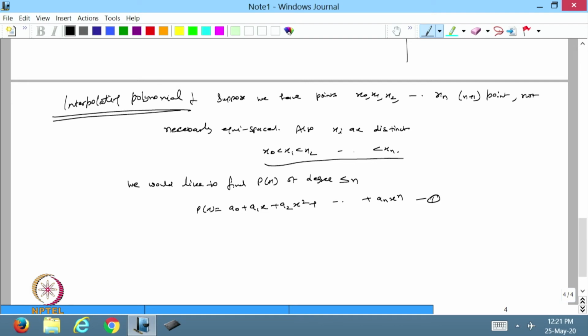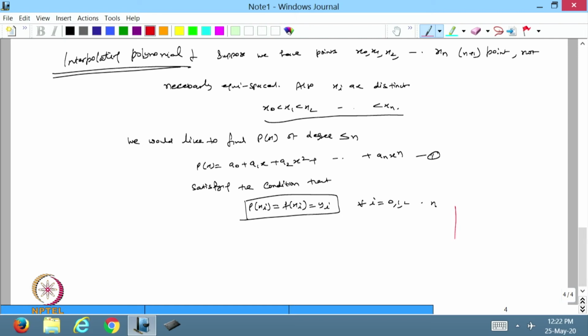This I call equation number 1. It is satisfying the condition that P(xi) is equal to f(xi), the value of the function given to us, that is equal to yi for all i equal to 0, 1, 2 up to n. So that is the condition, that is, passing through all these points.